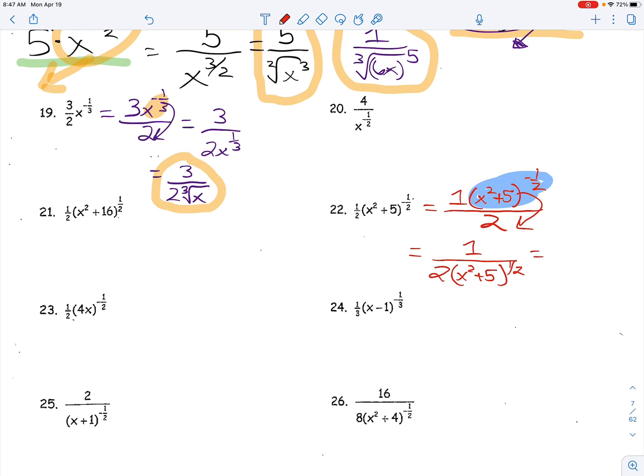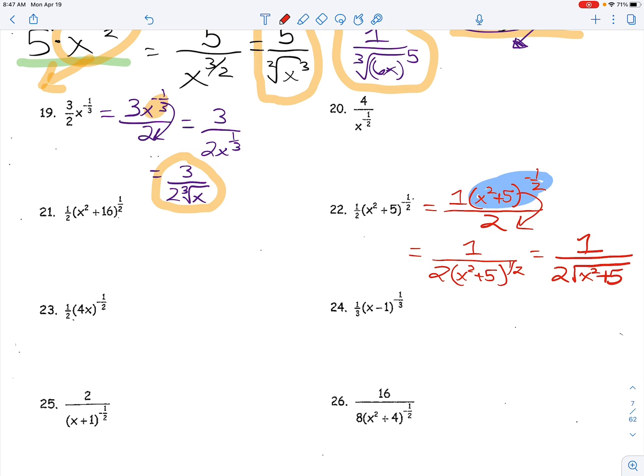And, once again, they want this as a radical, so this will be 1 over 2 times the square root of x squared plus 5 to the first.